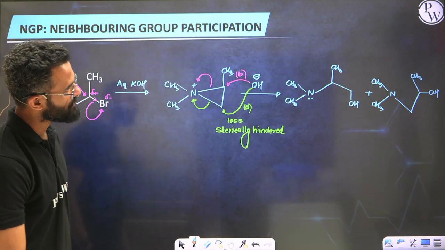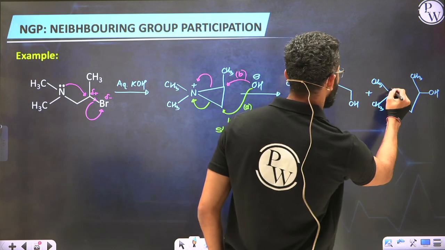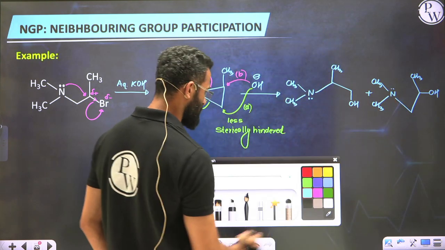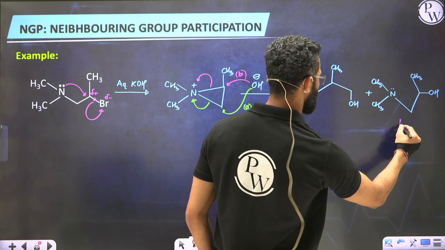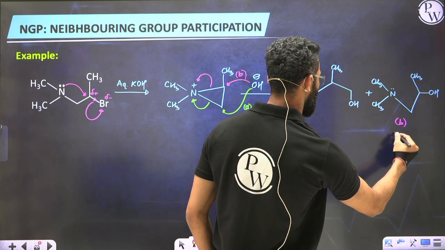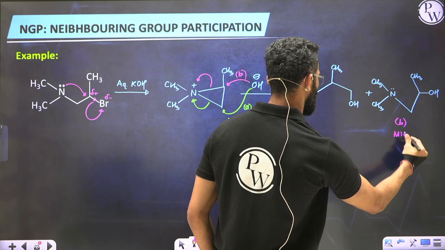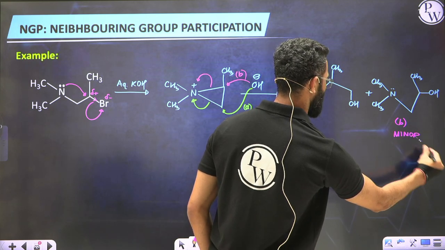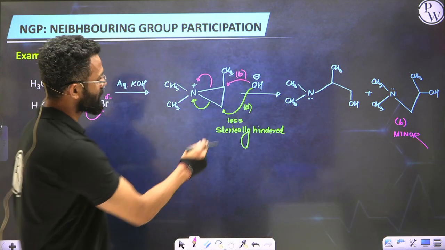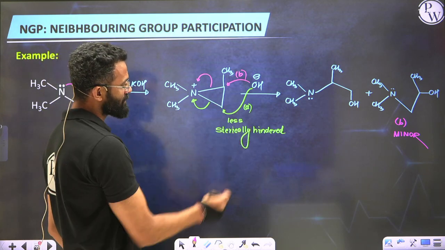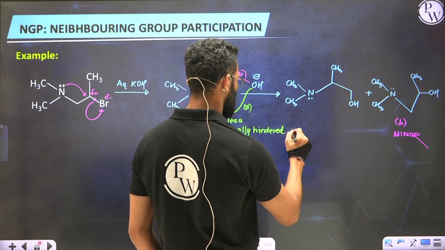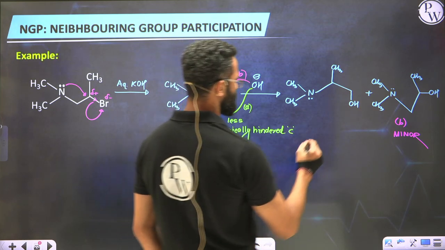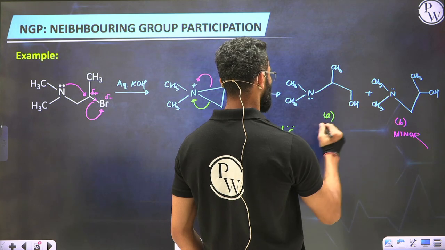Alright everyone. So this is the path A product. This is path B, minor. And because the path A product is from attack at the less sterically hindered carbon, this is the path A product, which is the major one.